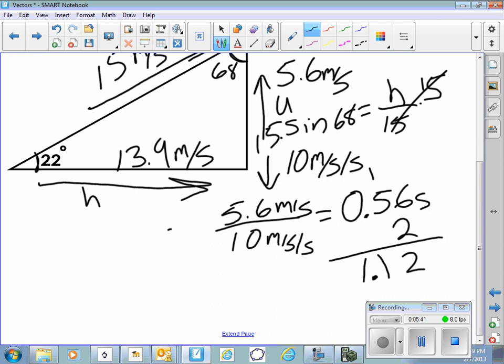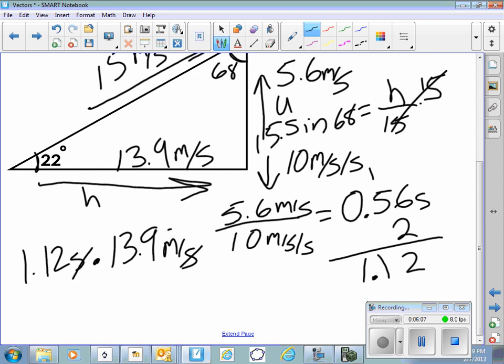Two decimal places, 1.12 seconds in the air. 1.12 seconds times 13.9 meters per second. So all the time that I'm in the air, I'm still going forward at 13.9 meters per second. That's assuming no wind resistance. There is some air resistance, but we'll ignore that for now.